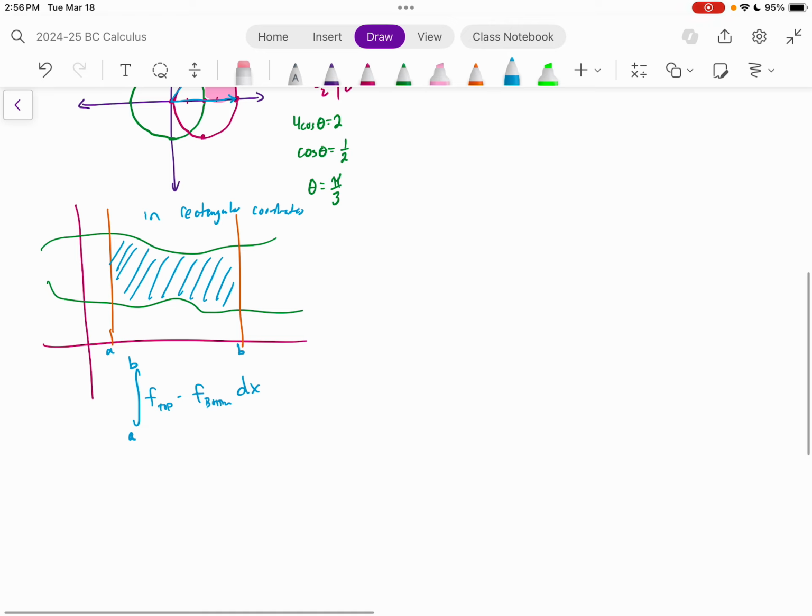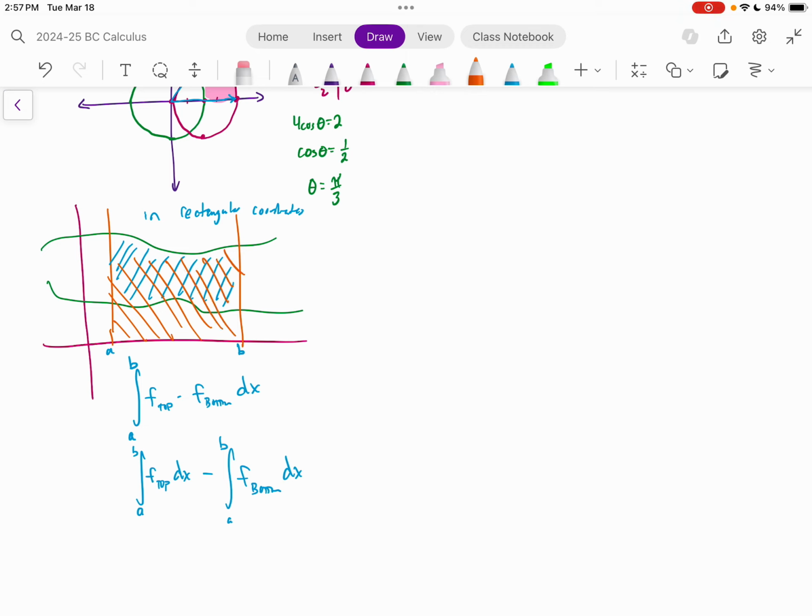And remember where that came from: the integral from A to B of f top dx minus the integral from A to B of f bottom dx. That was because the blue area would be the same as the whole orange area minus this green area down here.